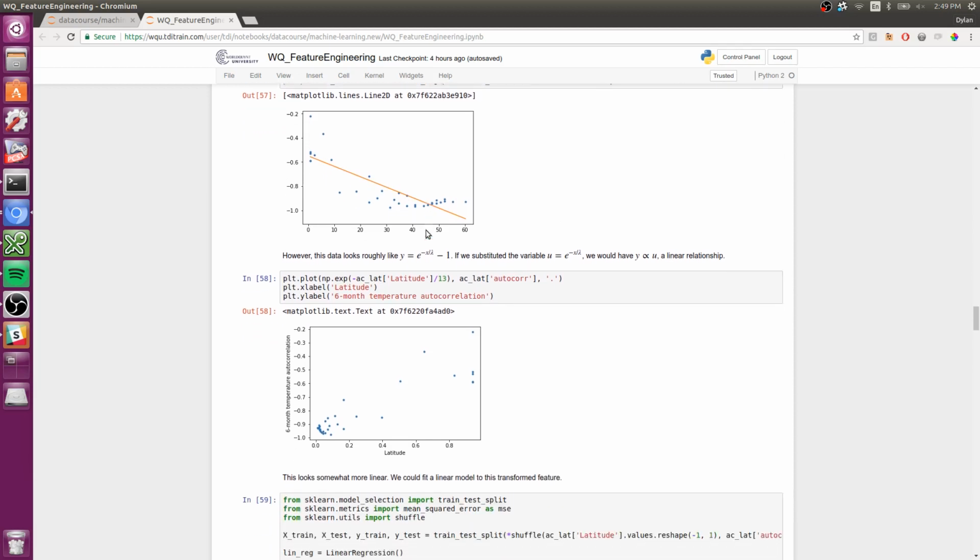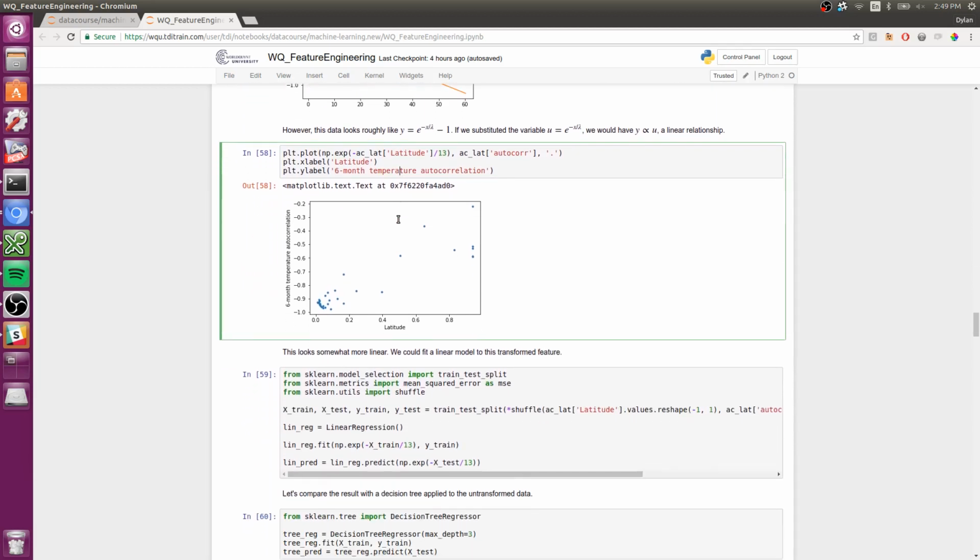And we transformed the data using that exponential formula. And this transformed data looks fairly linear. So we could fit a line to it and then use this mathematical transformation in reverse to make predictions.